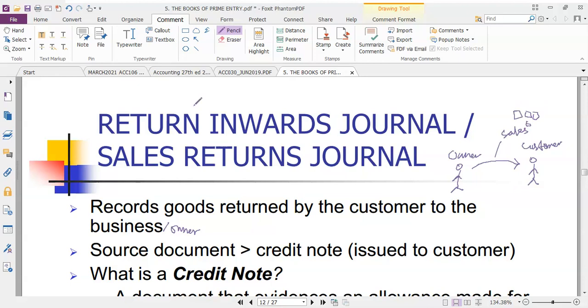But then apa yang berlaku adalah some of the goods or some of the product is obsolete, for example, of false classification.